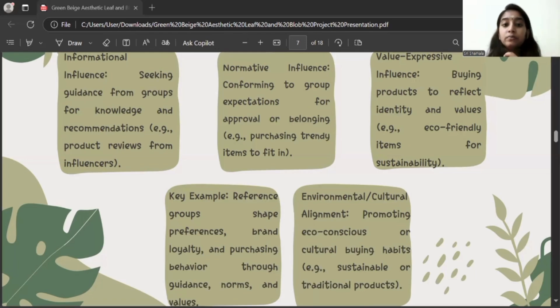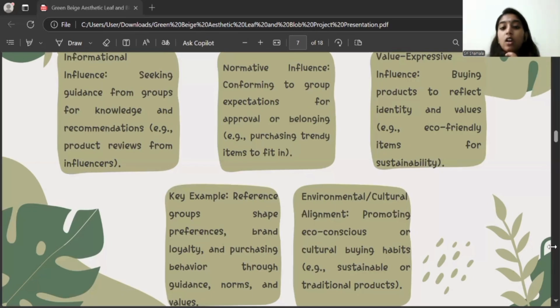For example, a person might ask a friend who is good in IT which smartphone, gadget or laptop to buy. Social media also plays a significant role in this, as people rely on reviews and feedback. Even on Shopee, they often look at the reviews before buying certain things. So this is informal influence.